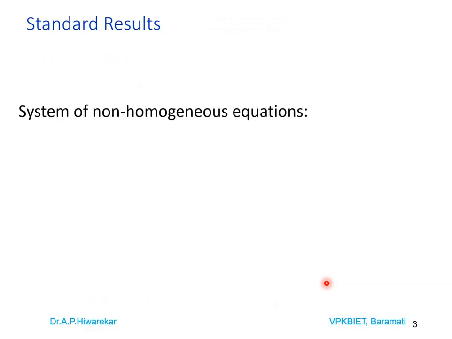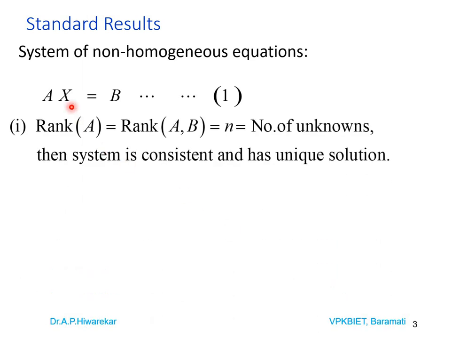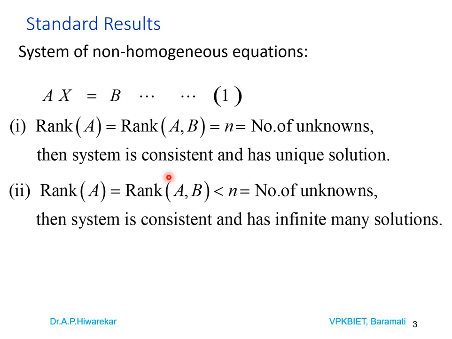So, we'll see standard results on system of non-homogeneous equations, which is given by AX is equal to B. We find the rank of A as well as the rank of the augmented matrix AB. If these two ranks are equal to n, the number of unknowns, then the system is consistent and has a unique solution.